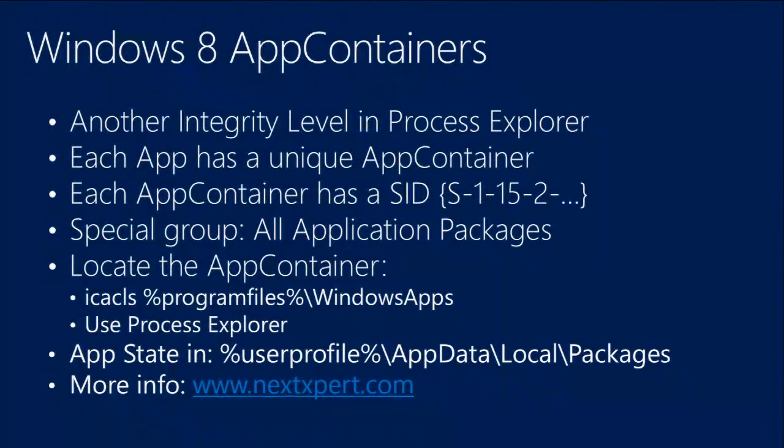So if you start looking at how these processes run in Process Explorer, you will notice that each and every Windows Store application is running at the low integrity level. It has an app container, which is the security ID for this specific application. And it has certain capabilities. Capabilities that tell what these Windows Store applications can access.